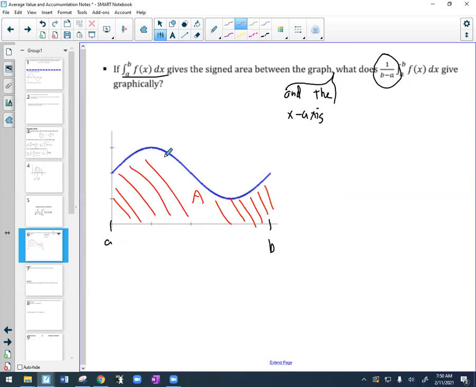Call that area A. Basically, this average value is like, if I drew a rectangle that had the same area, like the green and the red areas are equal. A rectangle with the same area as the red one.